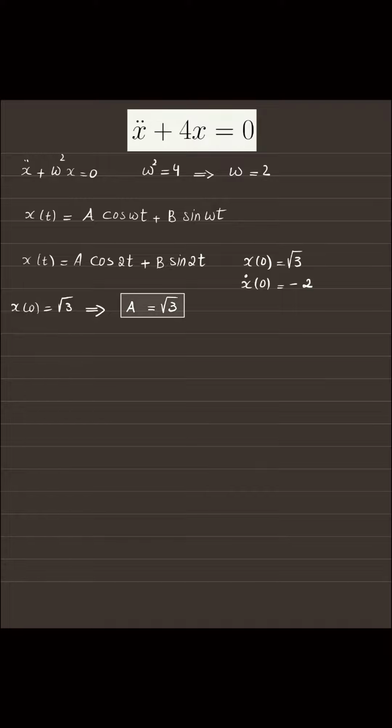Okay, but now I need to differentiate the function. So x dot of t becomes minus 2A sine 2t plus 2B cosine 2t. So I differentiated these two functions with respect to time. Okay, but now I know that x dot of 0 is supposed to be minus 2. So what does this mean?